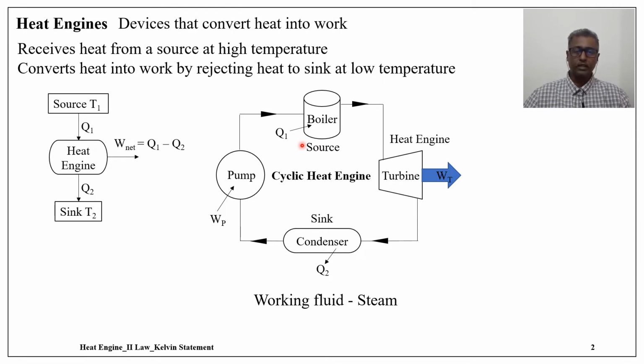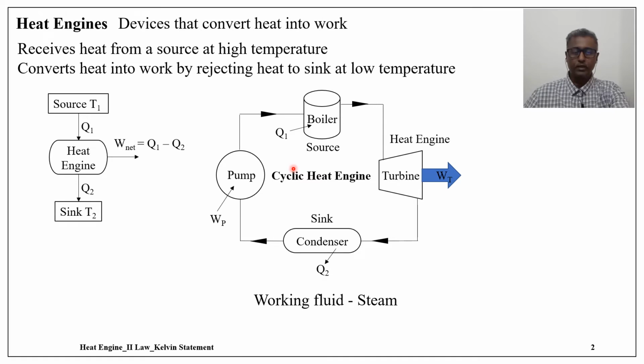At one location it delivers work, the turbine, and at another location it takes work, the pump. So it is a cyclic process. Water is converted into steam, produces work at the turbine, and is condensed back to water. Again, it is pumped into the boiler for steam generation. So it is a cyclic process.